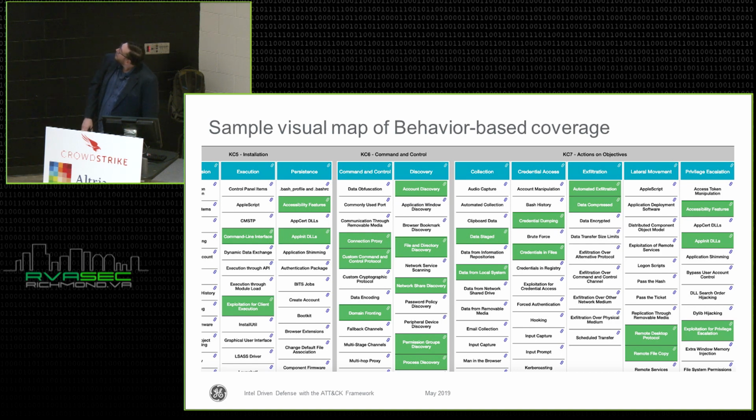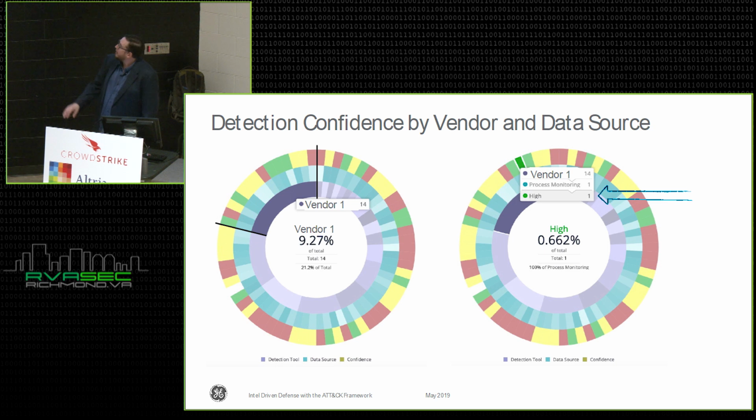Okay. This is kind of tough to read, but basically it's the same graph on the left and right, just with different portions highlighted. So the inner ring here is showing examples of different detection platforms. The middle ring is showing the different data sources that particular detection platform can detect.